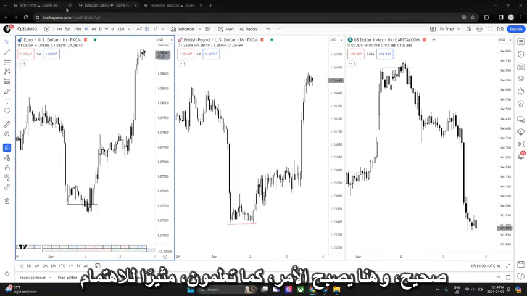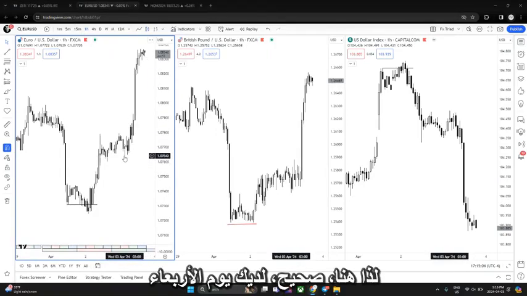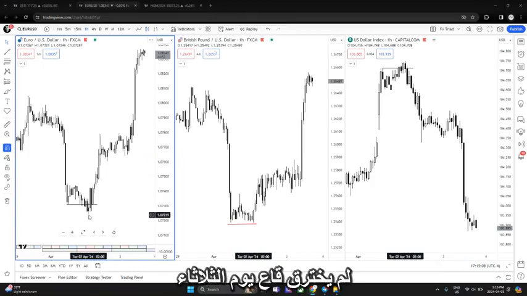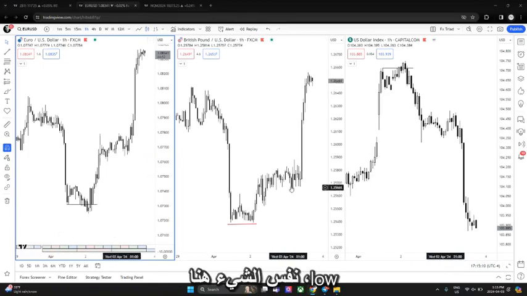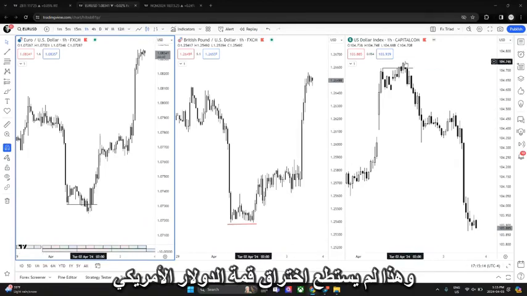And this is where it gets interesting. Here, you have Wednesday not taking out Tuesday's low. Same thing here, and this couldn't take out the high of the US dollar.